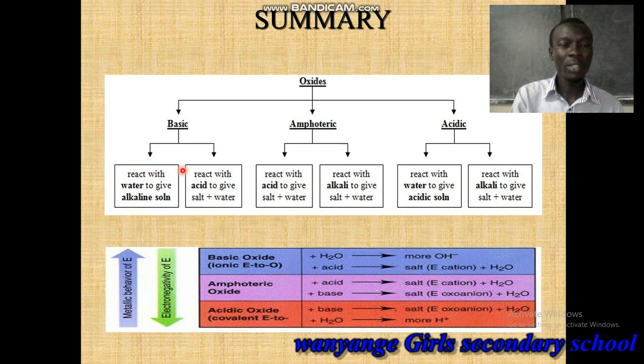Basic oxides react with acids to form a salt and water. They dissolve in water to form alkaline solutions. Amphoteric oxides, on the other hand, react with acids to form a salt and water. They also react with bases or alkalis to form a salt and water.